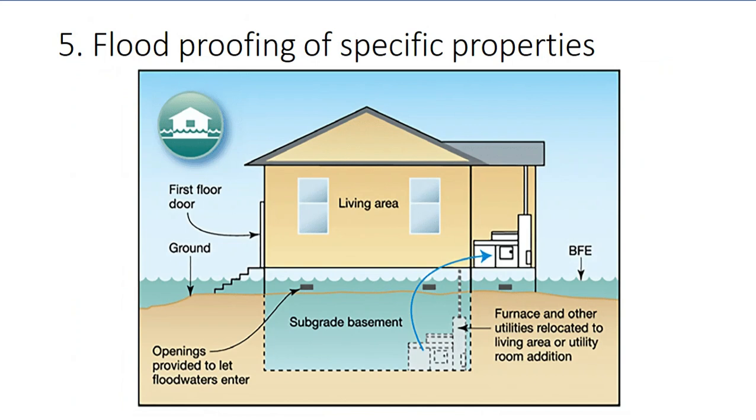In this case, I got this image from ResearchGate, an article or a journal showing flood proofing for a particular house. There's the subgrade basement in order for them to entrap excess water or excess flood.